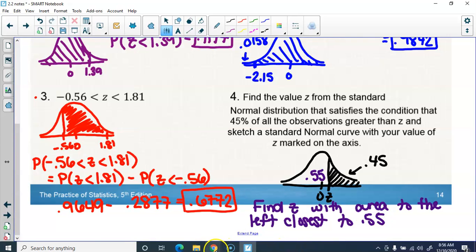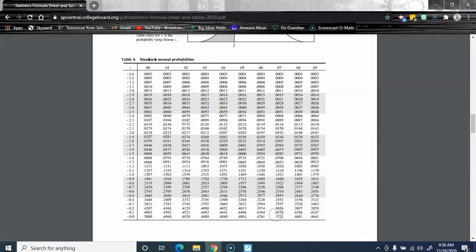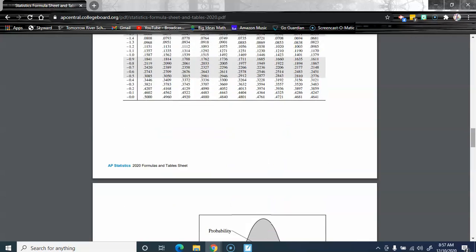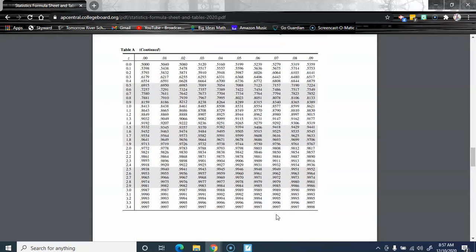We're going to have to figure out whichever one is closest. Here all of my areas are less than or equal to 0.5, and I want 0.55. So I'm going to need to go to the second page.